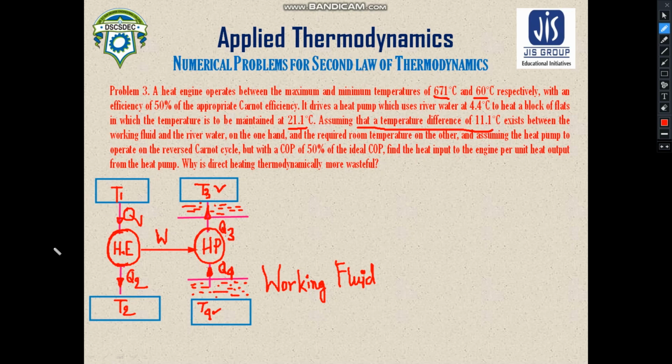Now what I will do, I will rewrite the temperatures here. So this temperature is easily identifiable. It is 671 degrees Celsius. Okay, so in Kelvin it will be 944 Kelvin.